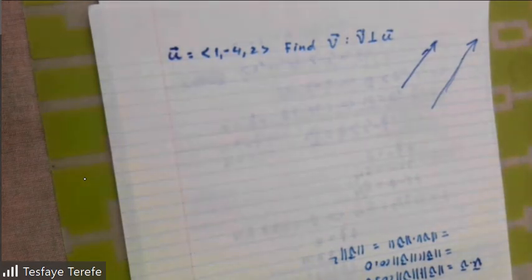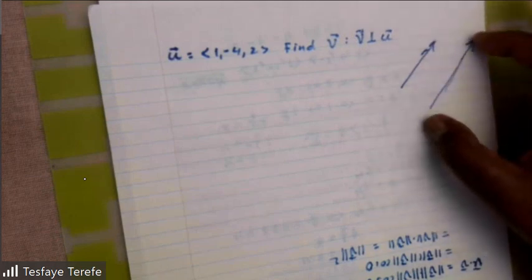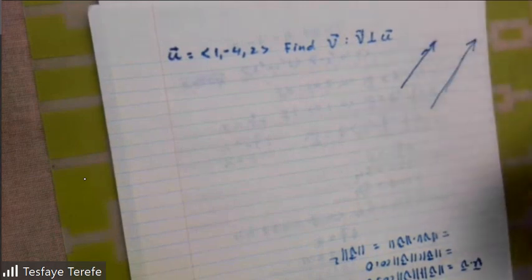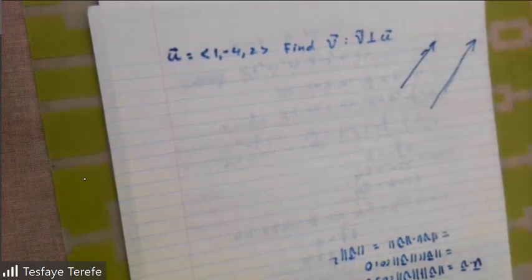The angle between them is 0, and you'll get a number. Cosine of 0 is 1. Therefore, what you are going to get is the magnitude of this times the magnitude of this one multiplied by the cosine of the angle between them. That is what it's going to give you, the product of these two lengths.